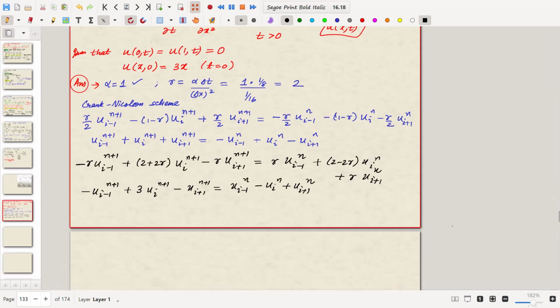Is it correct? If you substitute, it is correct. Can you go from this step to this step by putting r equal to 2?